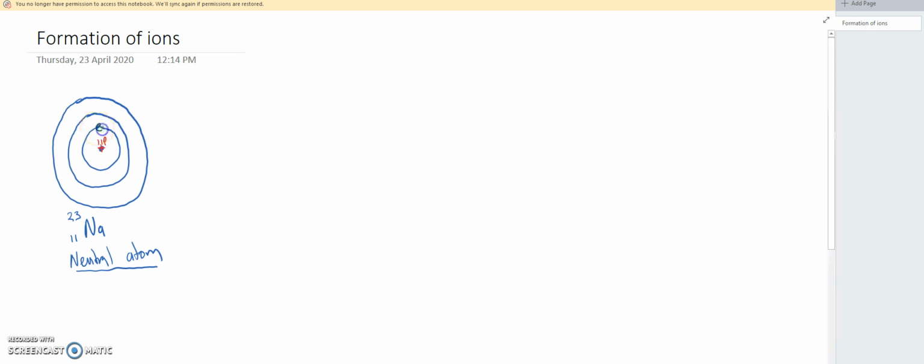So the first shell, 1, 2, and then he's full. And the next shell can fit 8: 1, 2, 3, 4, 5, 6, 7, and 8. That makes 10 all up, and so we need to use the third shell to have one more. And so that gives us 11 electrons total, which balances out our 11 protons. So we have a neutral atom.